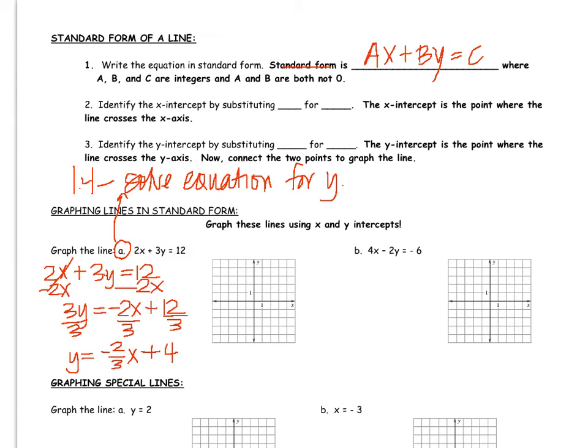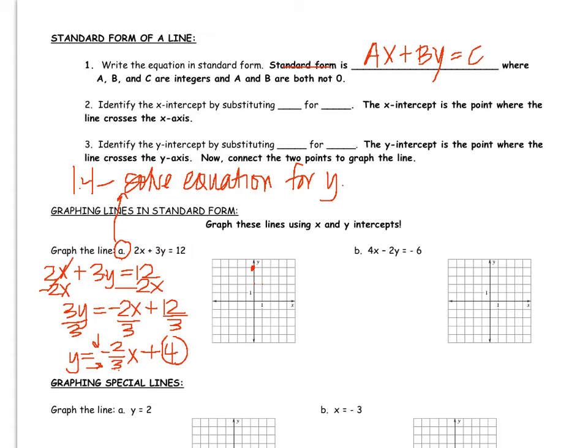Now the problem with this method is sometimes both of these numbers, the y-intercept and the slope, end in fractions. And we don't know how to plot fractions very well on our y-axis. So this doesn't work all the time, but here's how it works. I go up to a positive 4, 1, 2, 3, 4, and I go down 2 and over to the right 3.